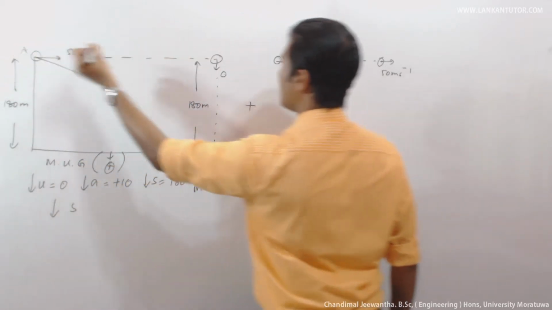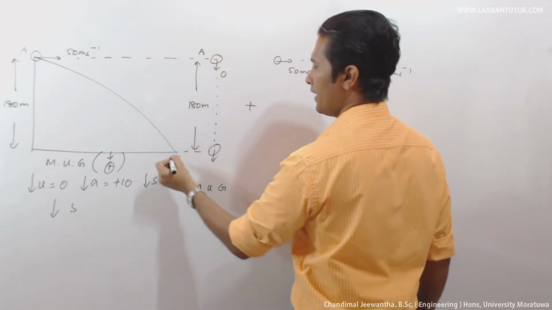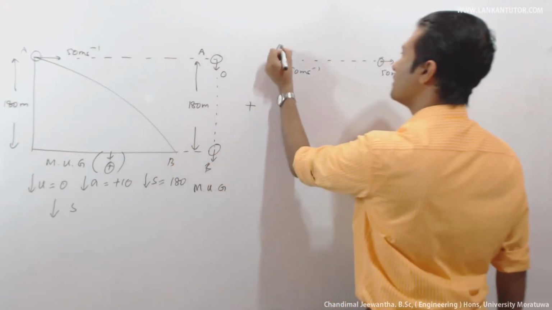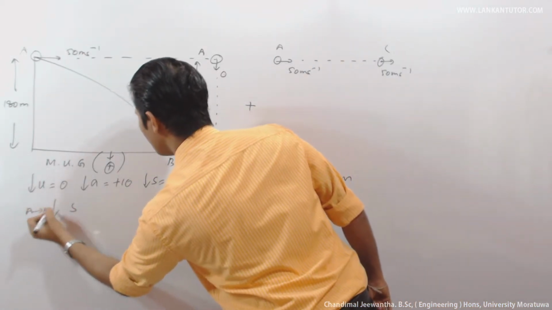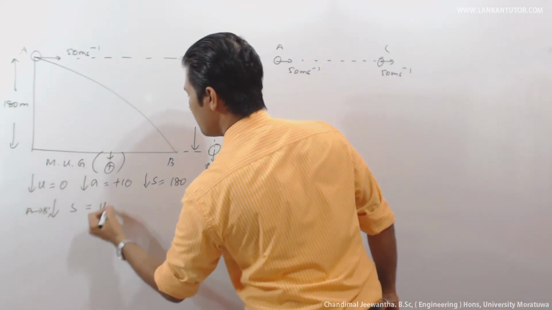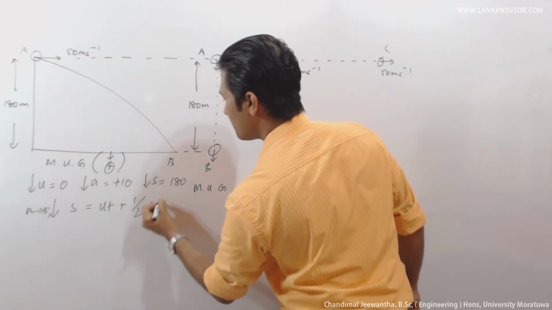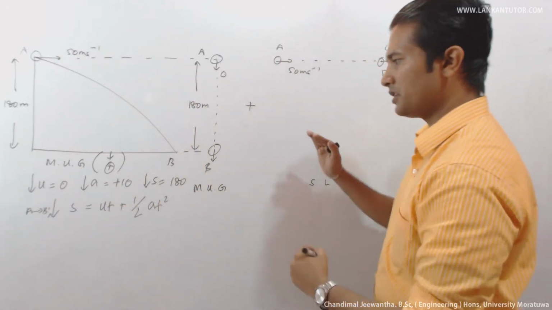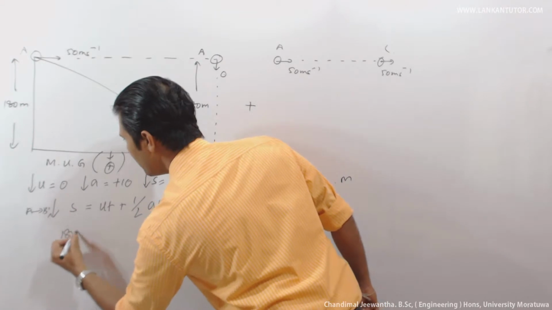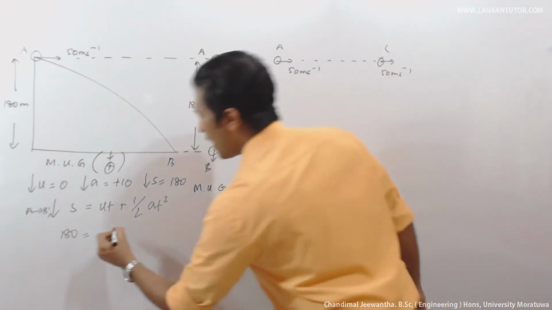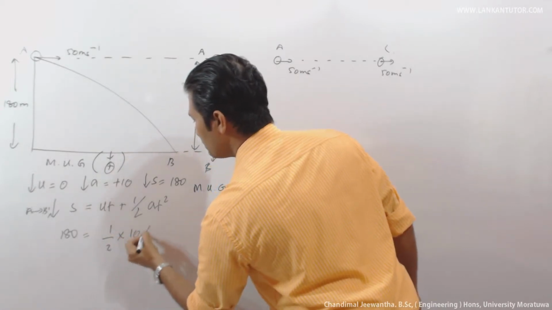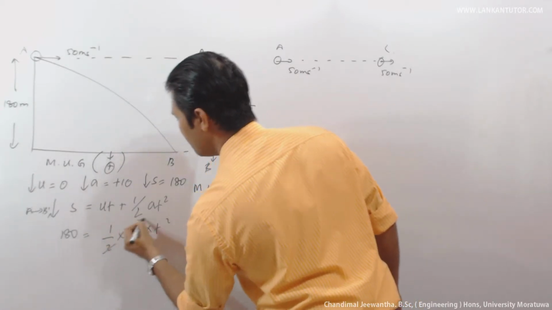If you take those points as A and B, from A to B you can use the equation S equals ut plus half at square. So the displacement is 180, ut becomes 0, and then half into 10 into t square. This is 5.